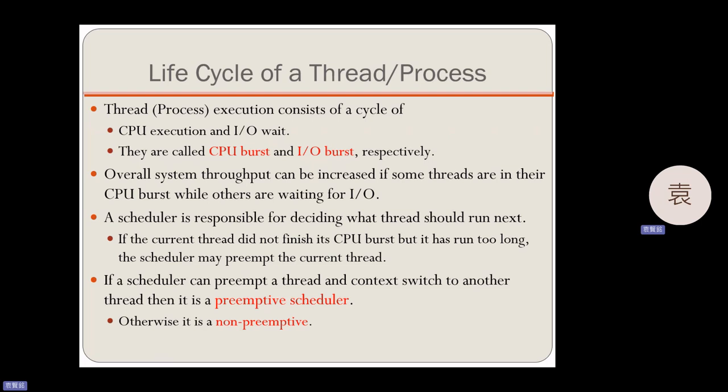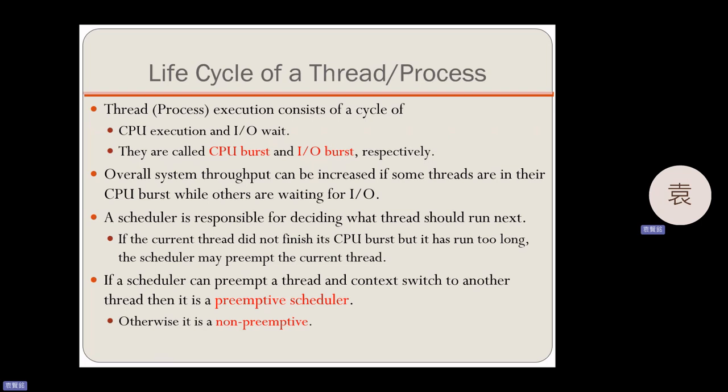So a process is changing its execution among these two types of devices or resources. It uses CPU for a while and then waits and uses a particular I/O device.